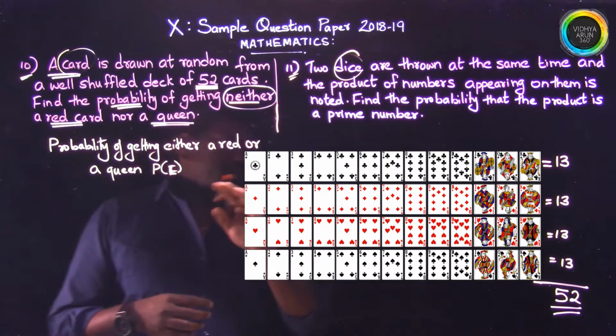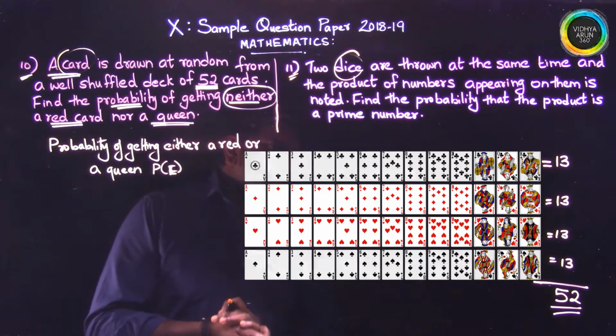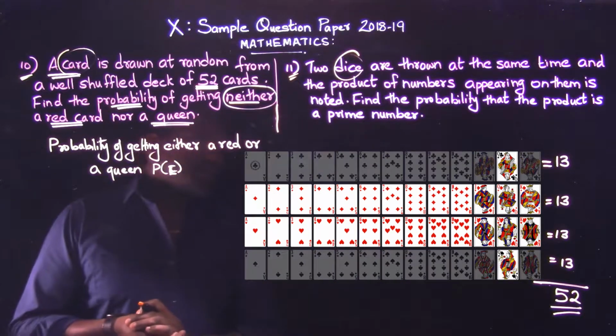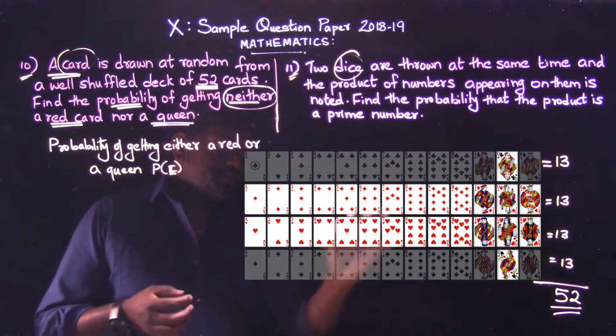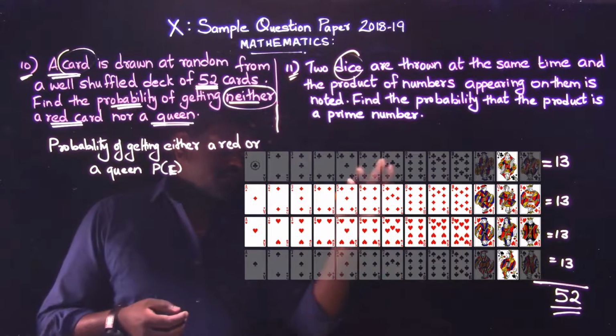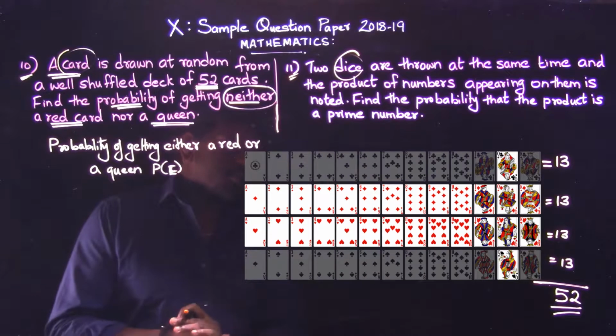If I remove all the black cards, keeping only the queens from the black, then I'm just taking the rest off.